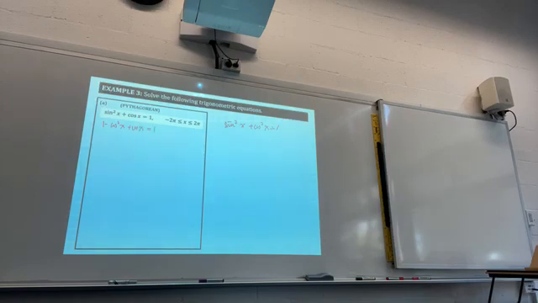And rearranging it, cos square x minus cos x equals 0. So cos x, cos x minus 1 equals 0. Cos x equals 0 or cos x equals 1.